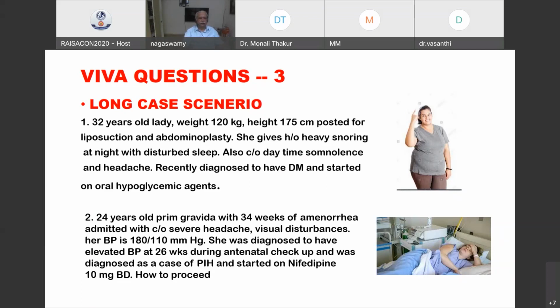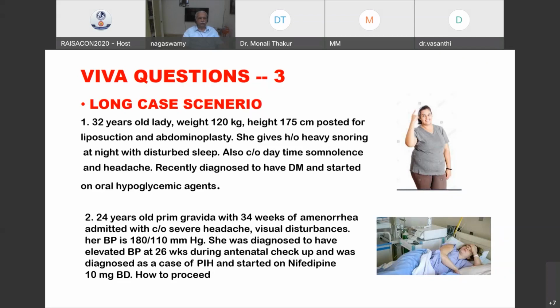Along with that, she has been recently diagnosed with DM, started on oral hypoglycemic agents. So how to go about giving anesthesia for this lady is the case scenario. How will you approach this problem? What are the challenges you face?